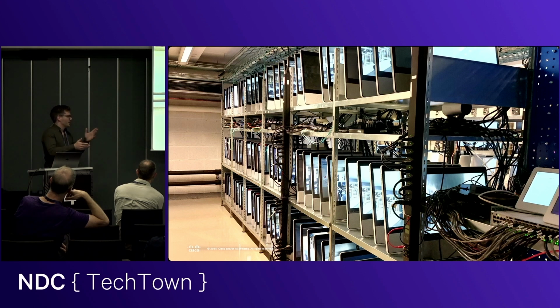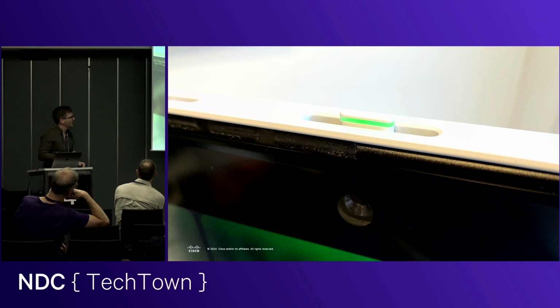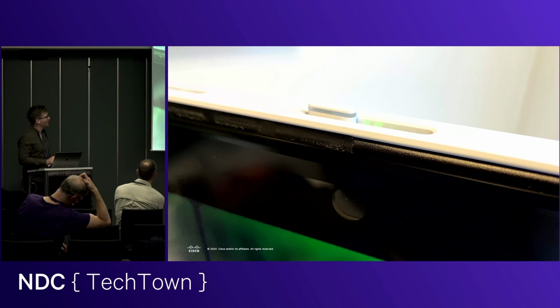But it turned out it's not that big of a problem, because what the issue really was was not necessarily related to the software. At the top of this device sits a camera, and that camera has a physical privacy cover. You just flip it, and then it will physically block your camera, because customers want this.